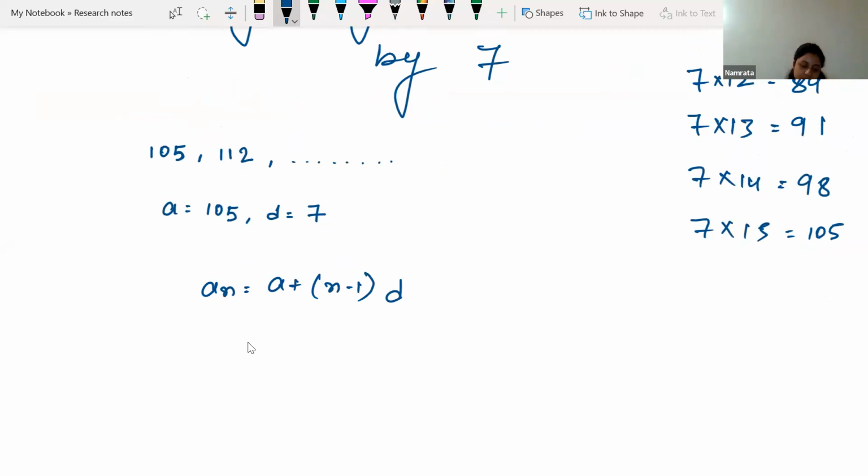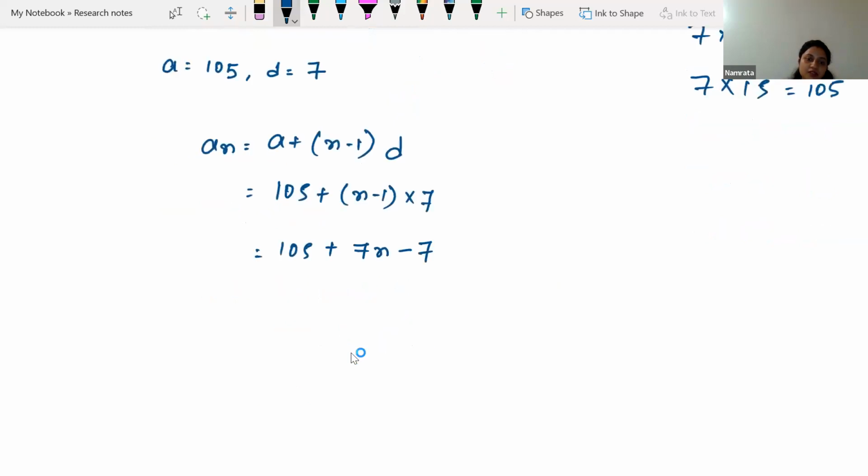But we have to find the last term, and that will be an. 105 plus n minus 1 into 7, that is 105, and we don't know n, plus then, right? Let's finish it, then we'll be wrapping it up.